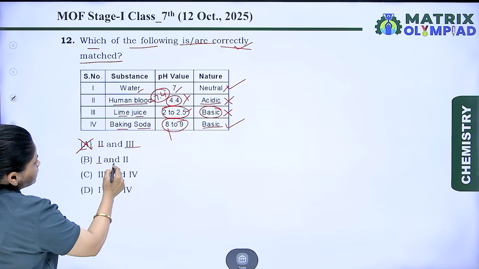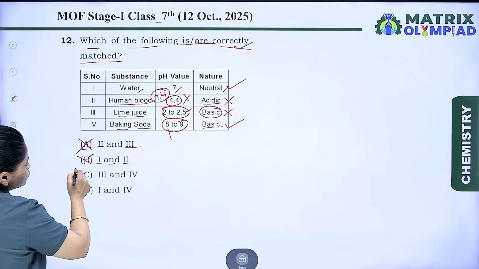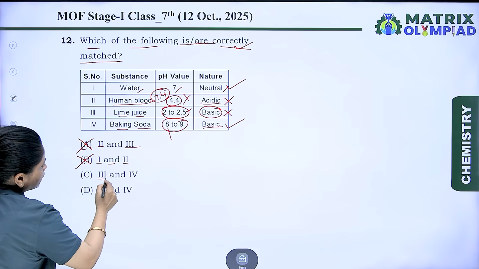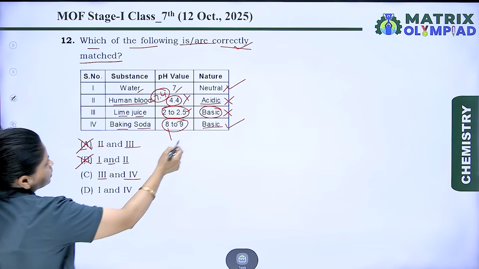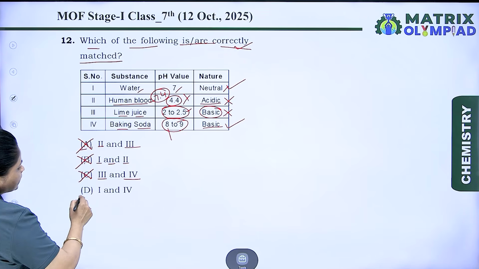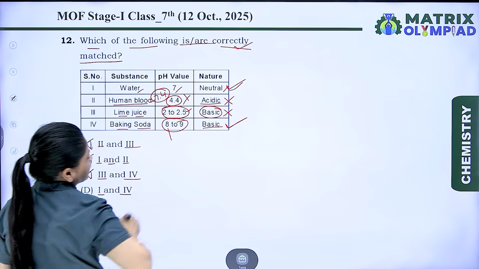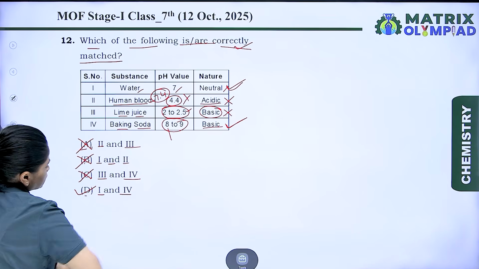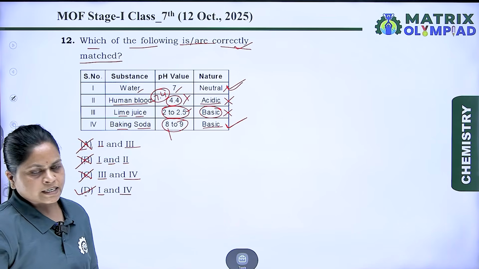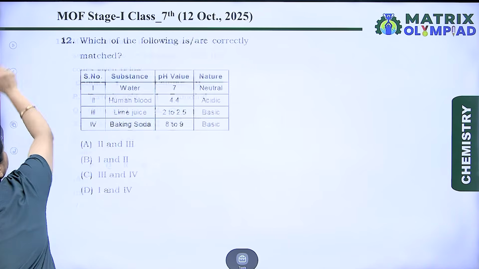B. First and second. No, second is wrong, so it is also a wrong option. C. Third and fourth. No, third is wrong, so it is also a wrong option. D. First and four. Yes, first and four are correctly matched, so the correct answer is option D, first and four. Let's take the next question.